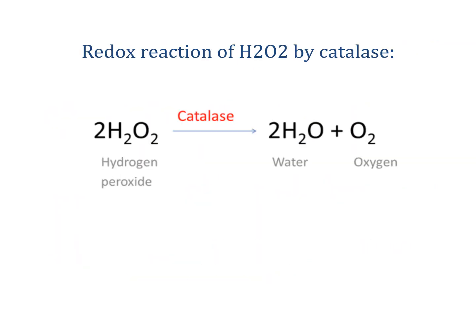You want to know, so differentiation of Staphylococcus species. You're going to want to know the chemical reaction, or at least you should have an idea of the chemical reaction that occurs when catalase activity is present. So hydrogen peroxide gets turned into water and oxygen through a redox reaction.